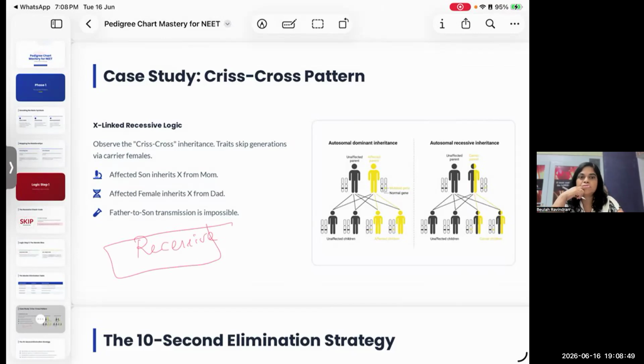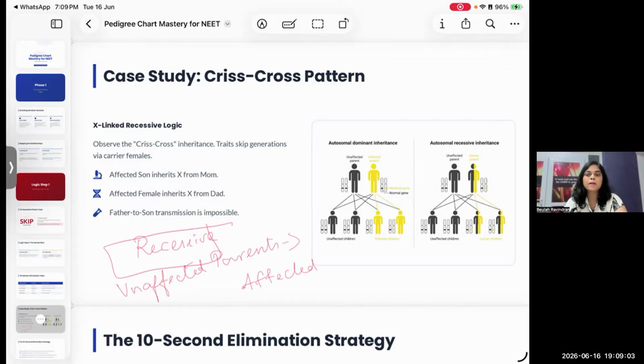That is recessive. Make a note of all these main points.